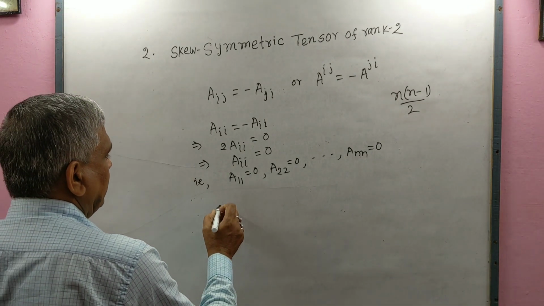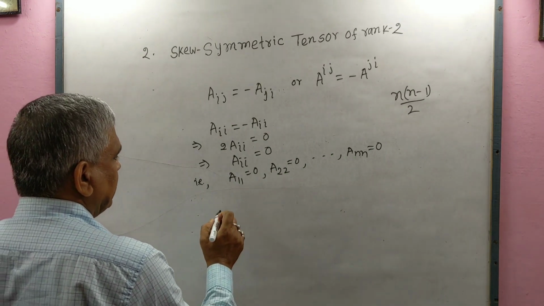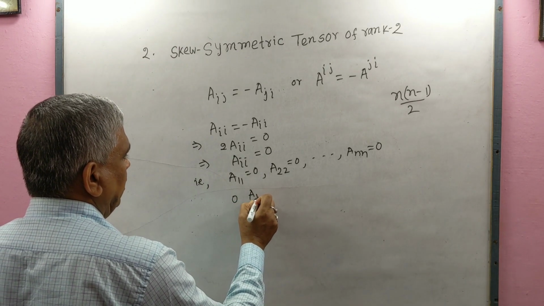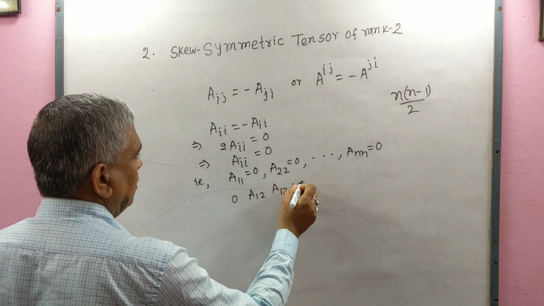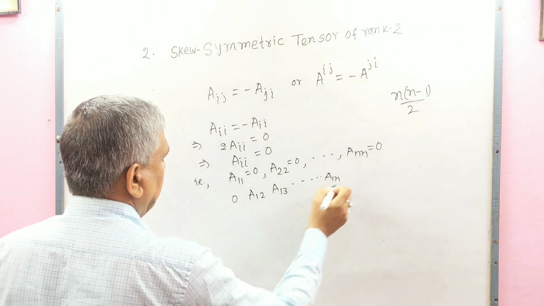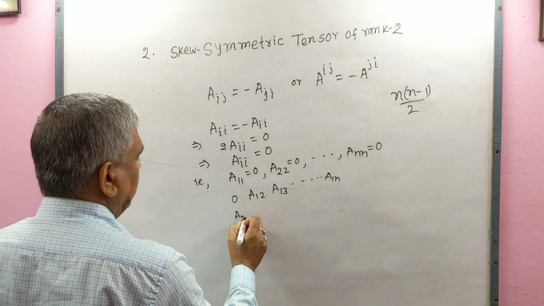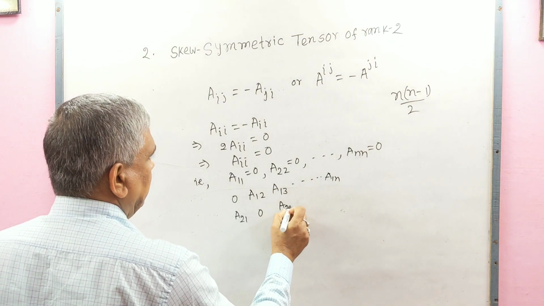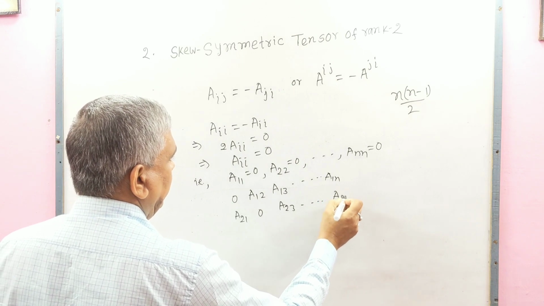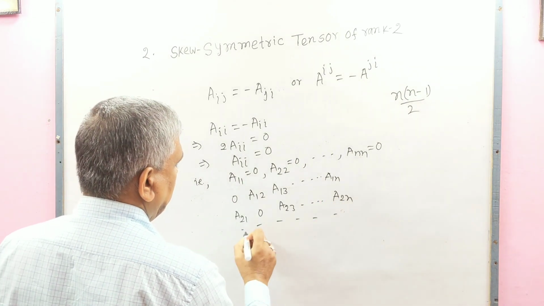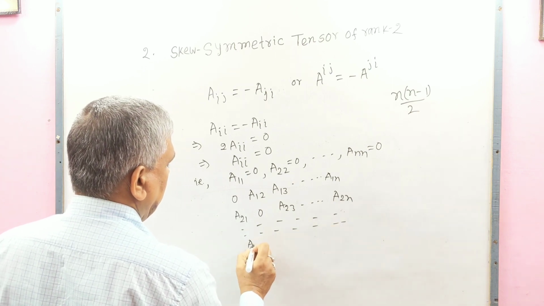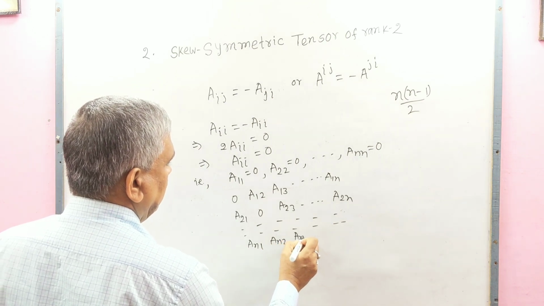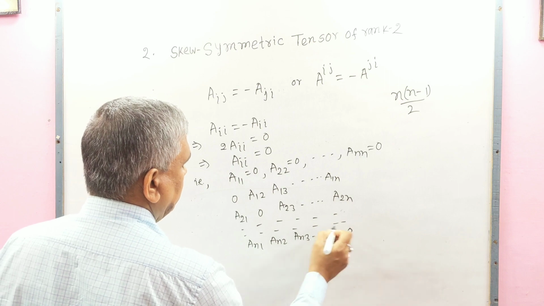If we arrange all the components in matrix form, we get 0, A12, A13, A1n, A21, 0, A23, A2n, dot, An1, An2, An3, dot, 0.